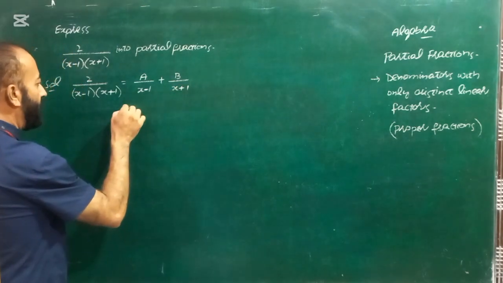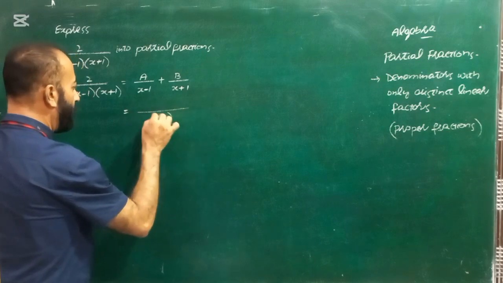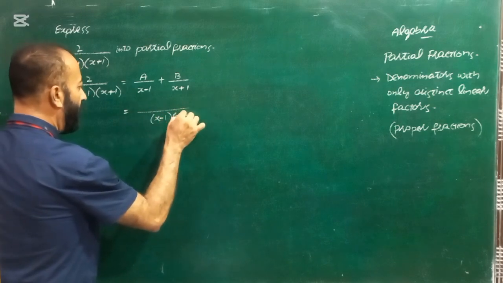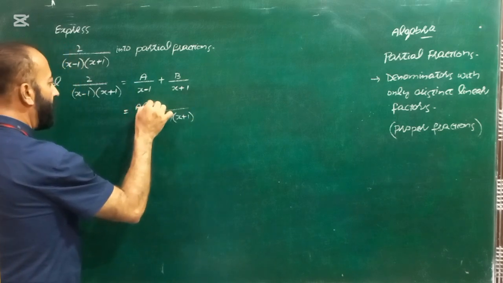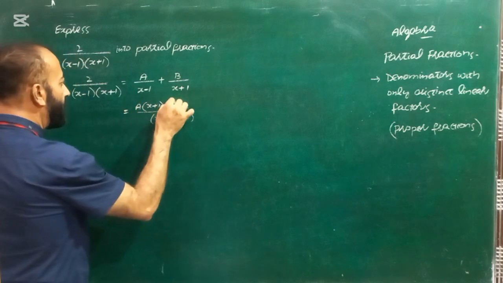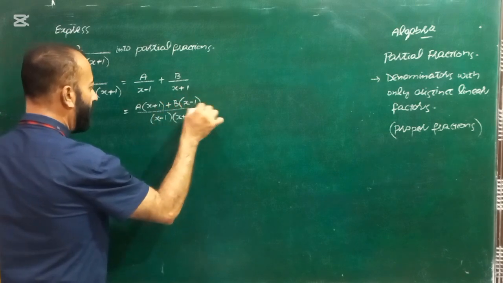At this step, you will take the LCM of the right hand side. So x minus 1 into x plus 1 will be the LCM. So a into x plus 1 plus b into x minus 1.